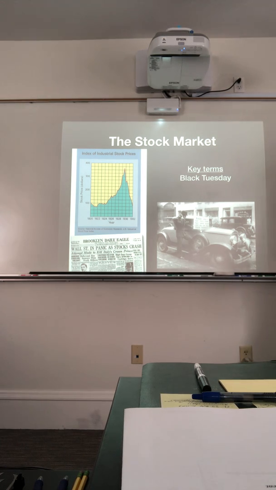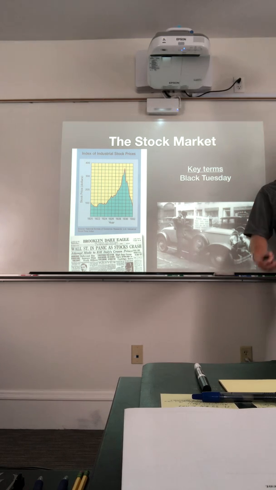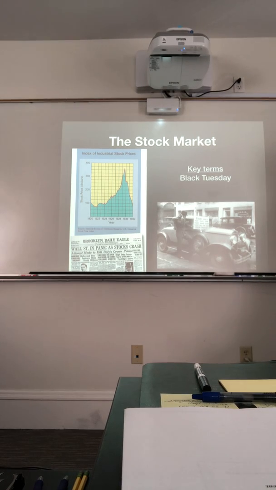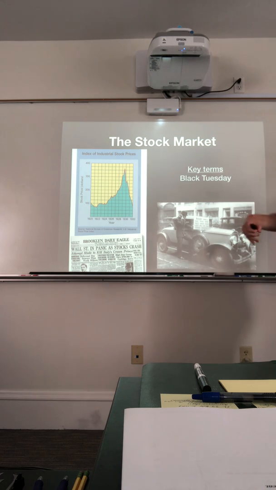So that means that the total people lost $30 million? Yeah, the total value of the stock market had plummeted by $30 billion. And you can see it on the chart, right? From right there to right there, that's the end of 1929. It is a nosedive, a free fall, whatever term you want to use.